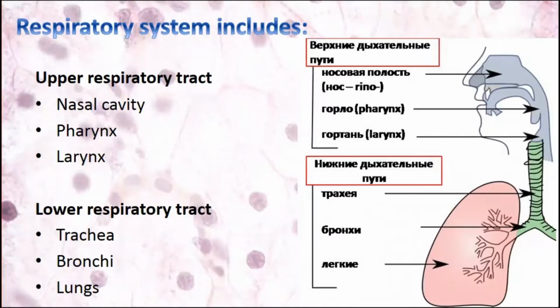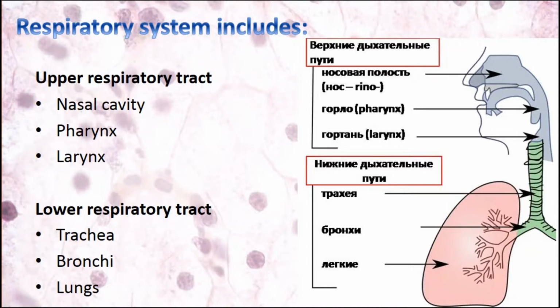So the respiratory system includes different organs, and those organs may be divided into the upper respiratory tract and the lower respiratory tract. The upper tract includes the nasal cavity, pharynx, and larynx. The lower respiratory tract includes the trachea, bronchi, and lungs. This division is mainly clinical, and different specialties of medicine deal with those parts.